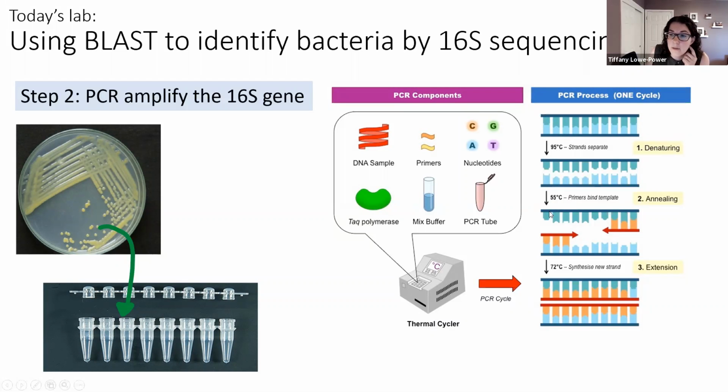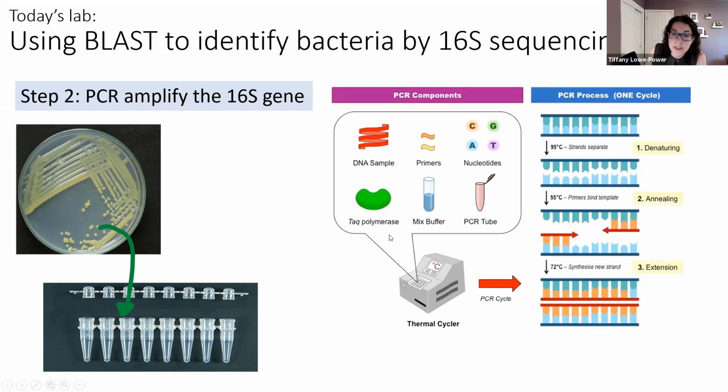At this cooler temperature, it can allow base pairing to happen again. So ideally what happens here is you get base pairing between your specific DNA primers into their correct spot in your target DNA. And they bind at the annealing step, and then you heat the reaction back up to 72.